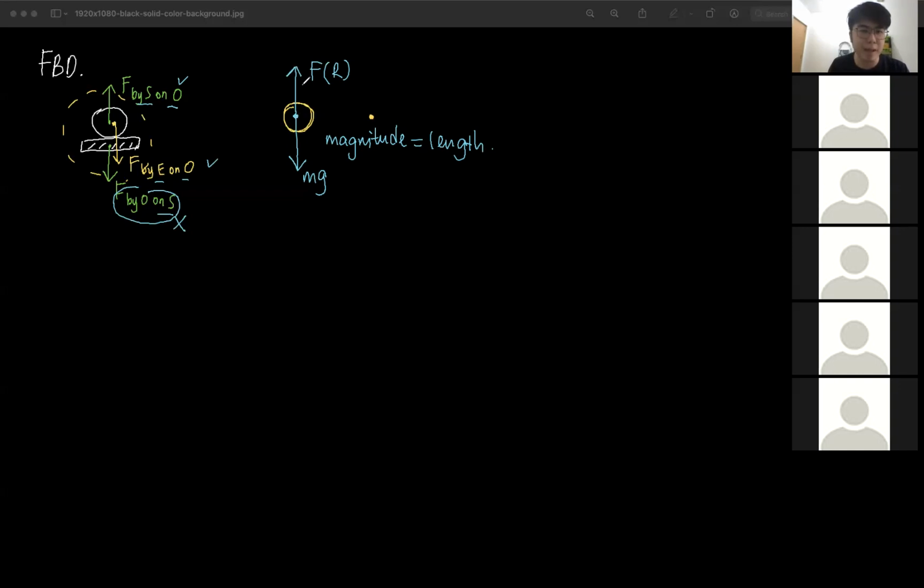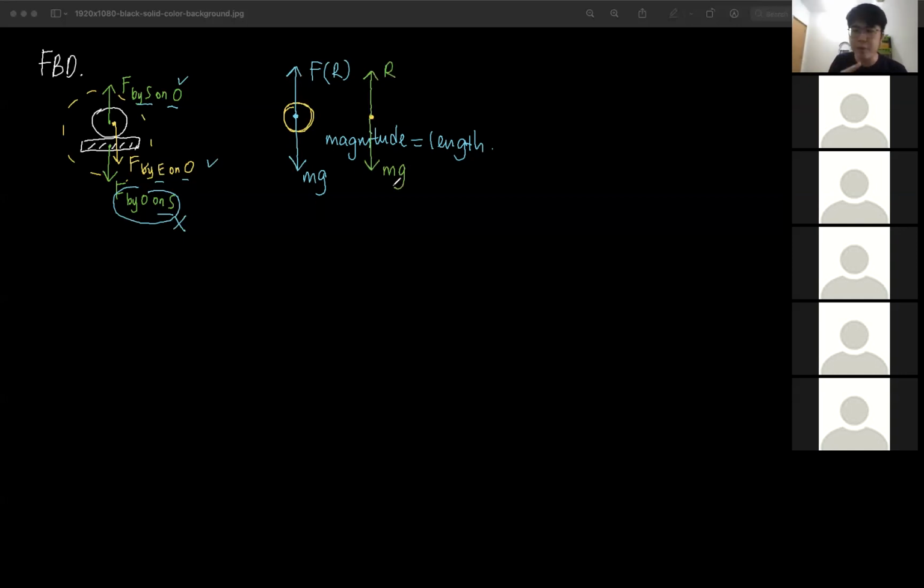So I want to draw the same length here, just to represent that these two forces are equal. Okay, and also the direction, you cannot change it. You can draw it like this, or you can draw it on a point, like assuming the object is one point, we have R, and then we have mg like this.